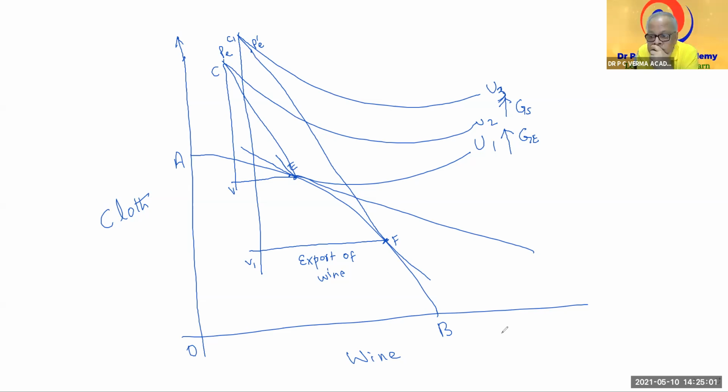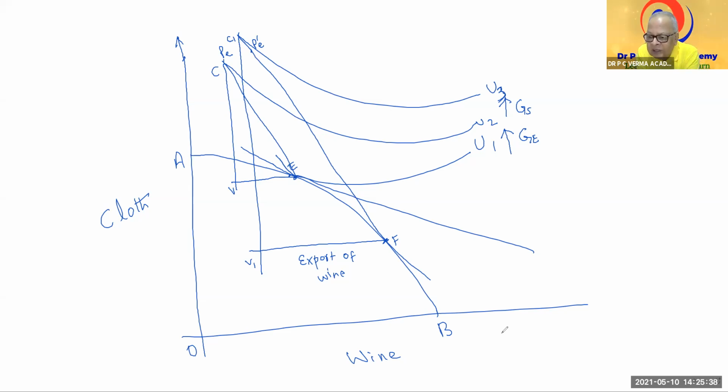If PE dash and PE are parallel, are the values equal or not equal? Values are equal, but there was no specialization in PE, because specialization requires tangency. Tangency is at F. But this E, PE is a first stage.